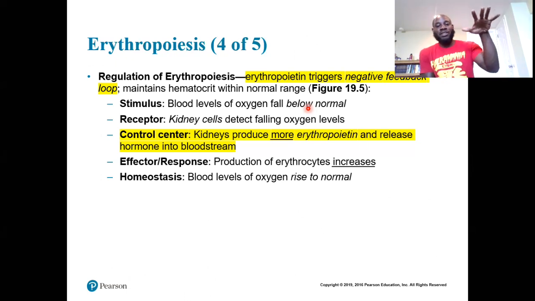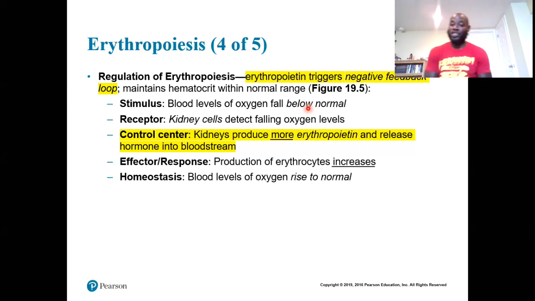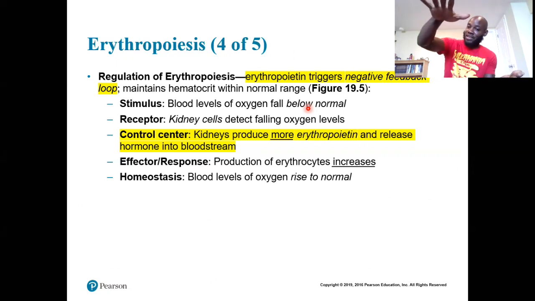So blood oxygen levels drop, which is detected by your kidneys. Kidneys produce more erythropoietin and release that hormone into your bloodstream. So a negative action happens: your oxygen levels drop, which is noticed by your kidneys. They release the hormone erythropoietin.